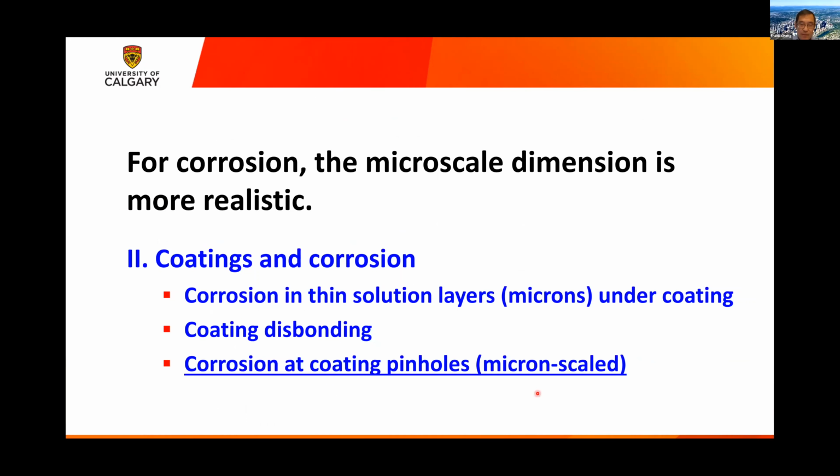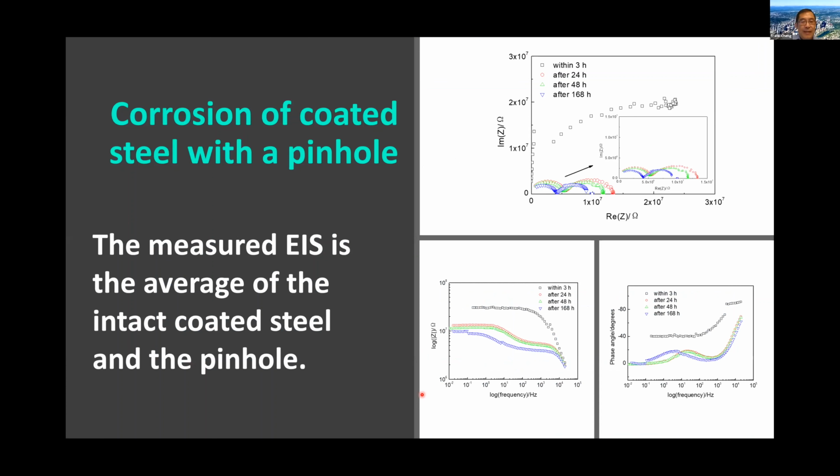That's micron scaled. You can see how a small coating pinhole can influence localized corrosion. I will first present the conventional electrochemical technique, the impedance technique, to measure the coating with a pinhole. But basically, you cannot characterize how the small pinhole will influence the localized corrosion.